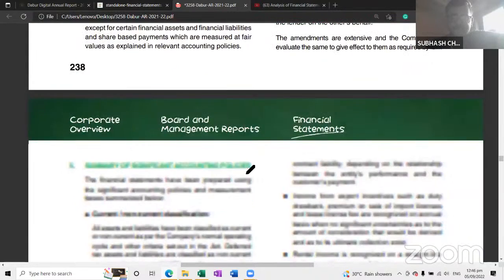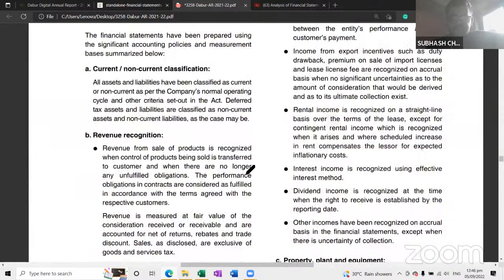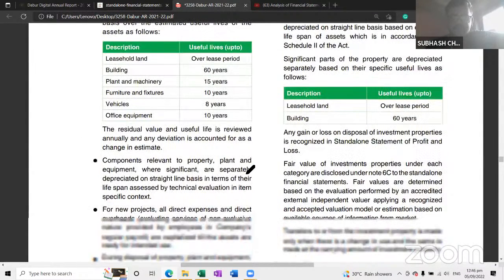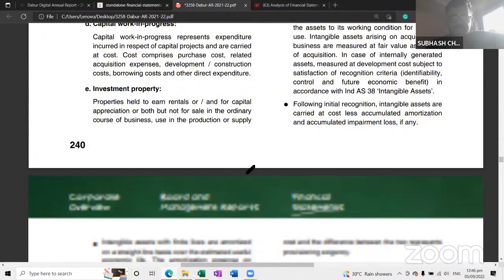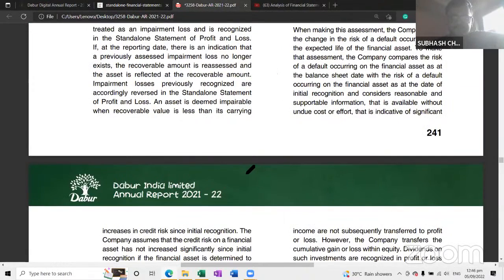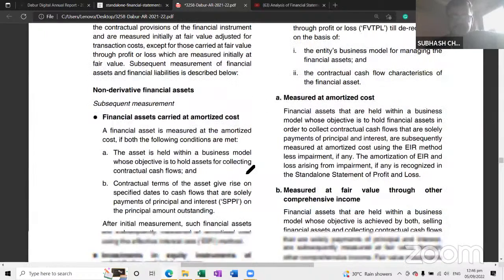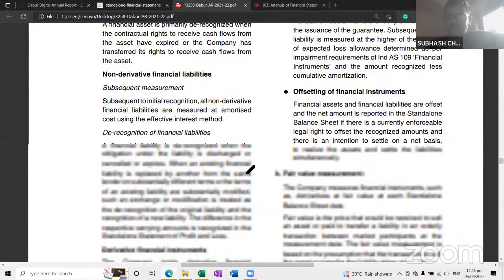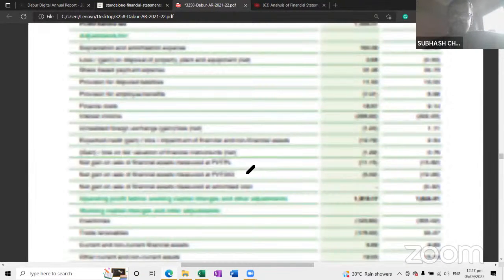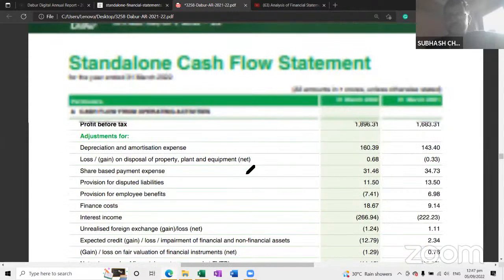Now see, you will find note number 6, and lots of notes are given here. So whenever you have any confusion about how such a figure is derived, what the logic behind it is, how a company is getting this much, you can easily go to the note and find the working note. That's it.